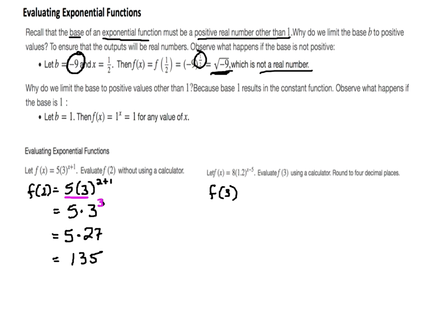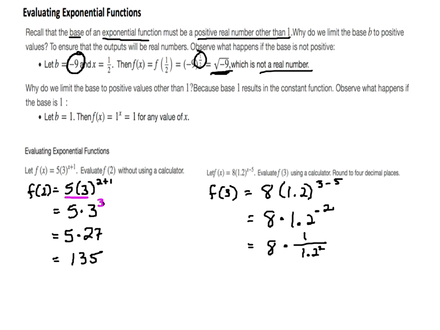Okay, here we want to also look at f of 3. So we have an a value of 8, a b value of 1.2, and then 3 minus 5. Okay, so this is 8 times 1.2 raised to the negative second power, which is the same thing as 8 times 1 over 1.2 squared.